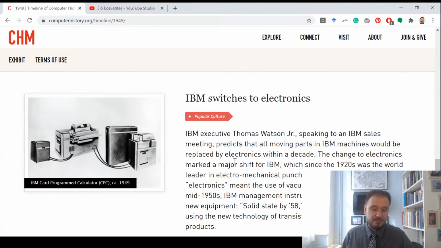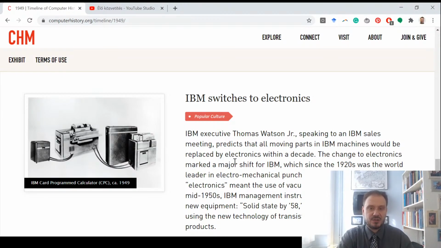IBM, a company that was established long before the Second World War and which had a huge impact on engineering and mechanics, said that it would replace all the moving parts within a decade.